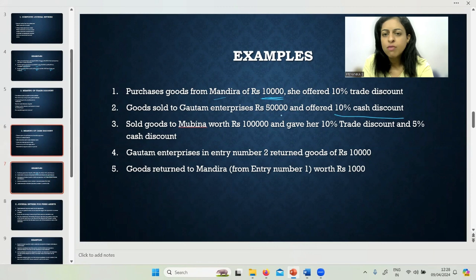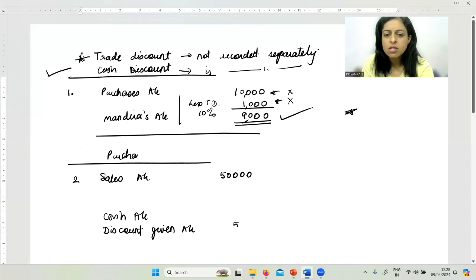So I'm not going to receive 50,000, but I'm going to receive 10% less. How much is the discount offered, discount given? It is 5,000, correct? And so obviously when I receive cash, it will not be 50,000, but it will be just 45,000 after I reduce the discount. Have you understood? So 50,000 minus 5,000 will give you 45,000.